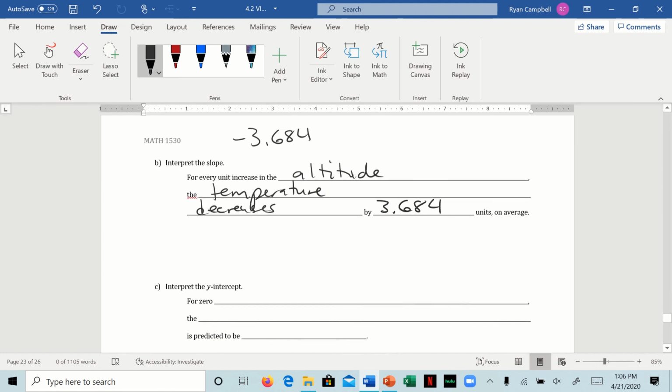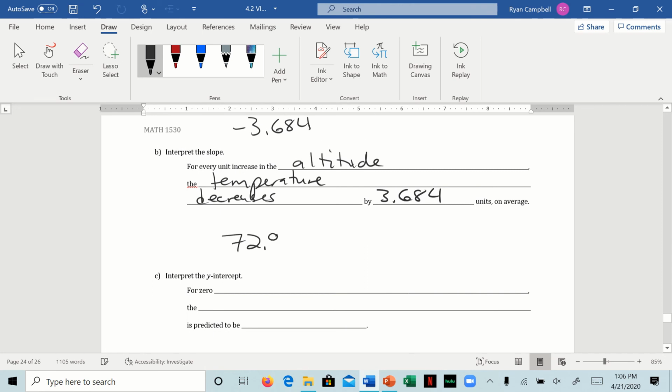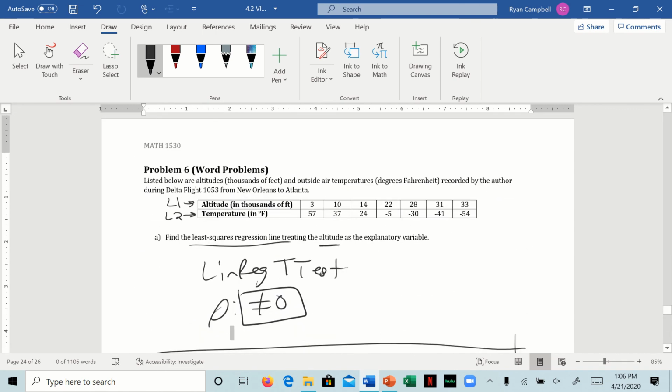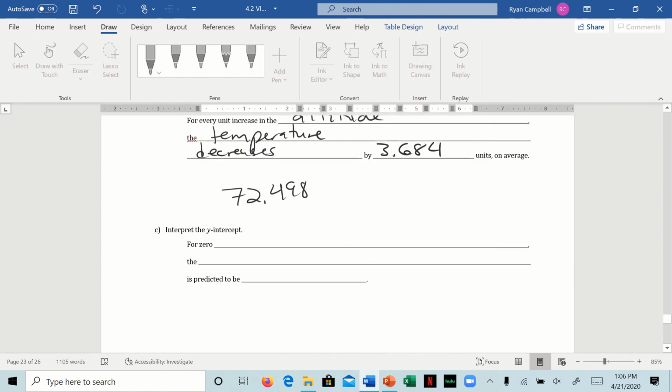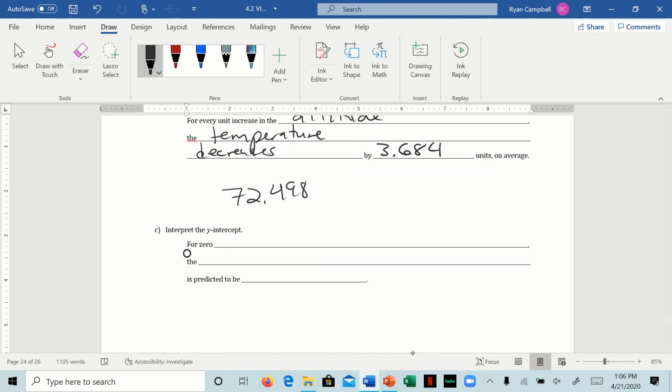All right, y-intercept. We said that was 72.498. So for 0 altitude, we said altitude was in thousands of feet. So for 0 feet, essentially at sea level, the temperature is predicted to be 72.498 degrees Fahrenheit.